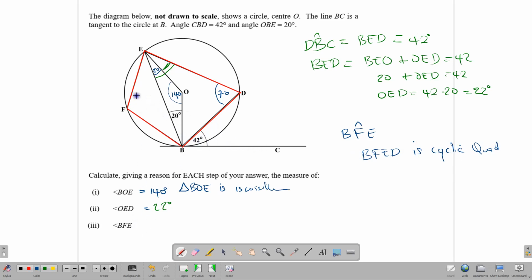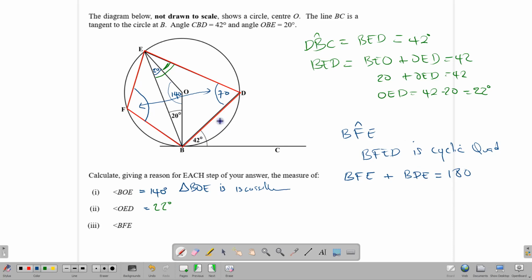And BFE is supplementary to that angle over there that is 70 degrees. So we can write that BFE plus BDE is equal to 180 degrees.